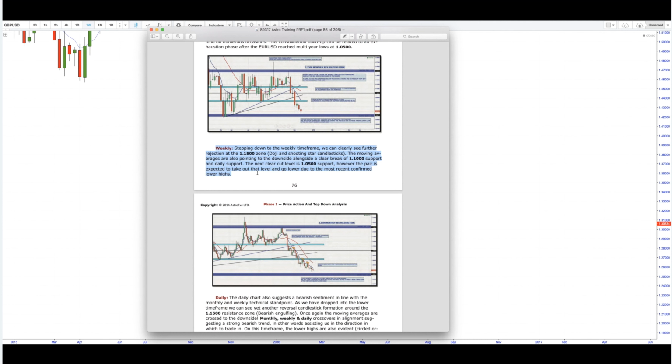You really need to get into the habit of writing out analytical descriptions. The reason why is because this is how you're going to reprogram your mind with all of these new tools. And it's not so much new tools, but a new way of thinking around the market. So weekly, stepping down to the weekly time frame, we can clearly see further rejection, blah, blah, blah.